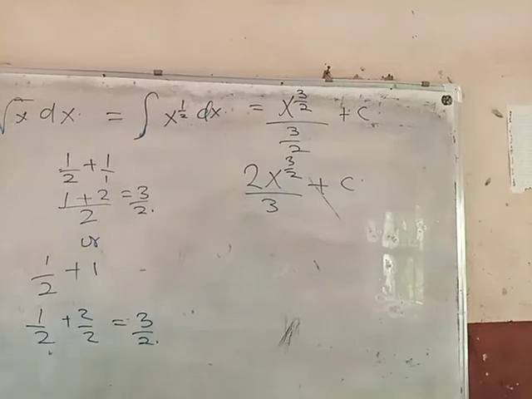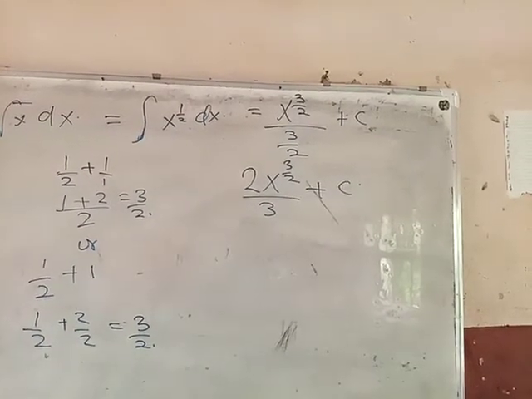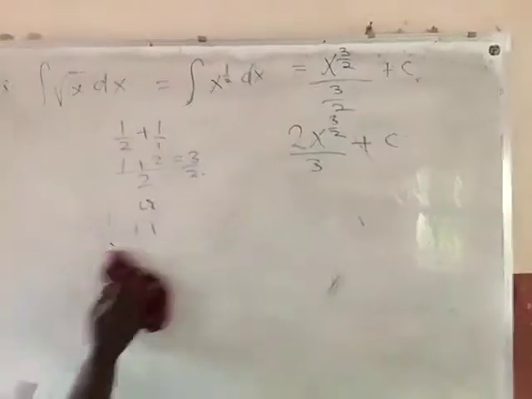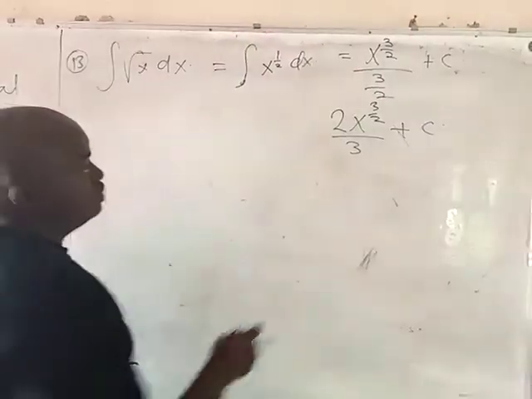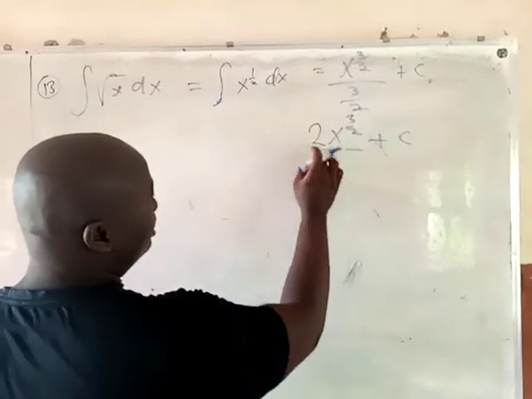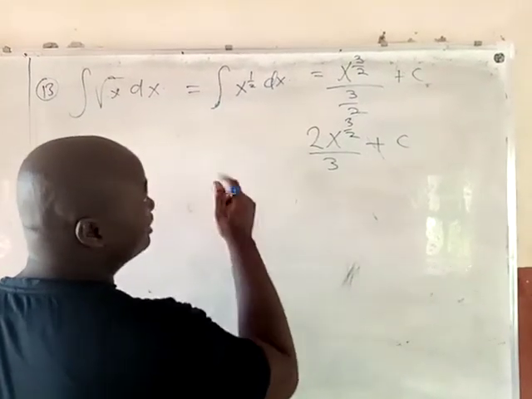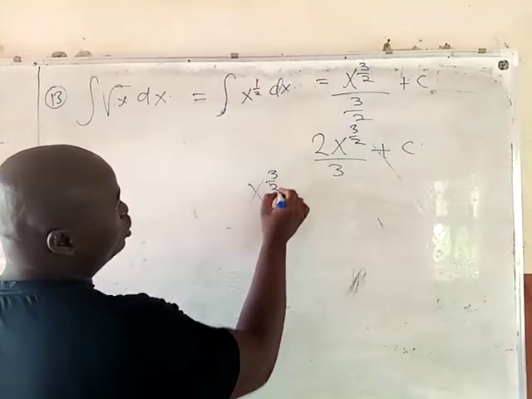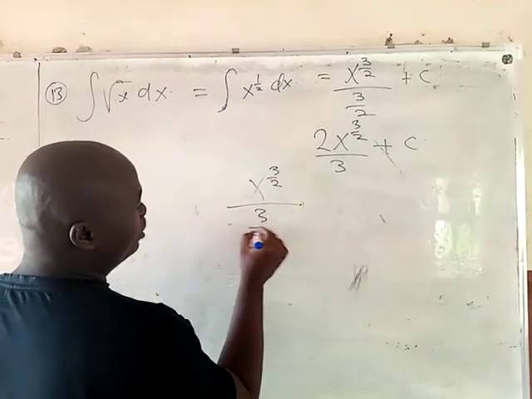Right? Good. Now, let's proceed to example number 14. So, like I said, from law of indices, that is how we arrive at our answer. But in case you are having a confusion, this is 3 all over 2 divided by 3 all over 2.